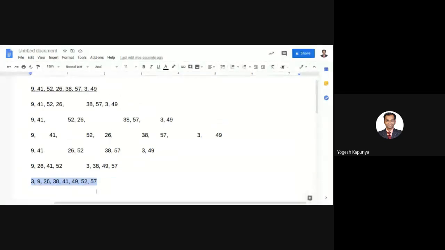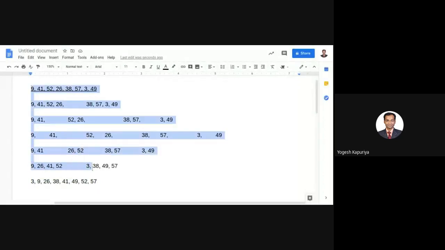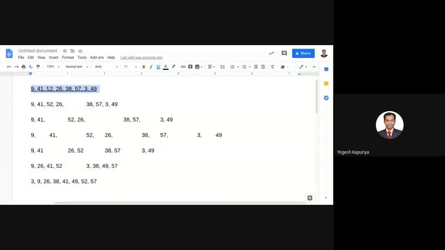Right? So this is how the merge sort technique works. What it does is it first splits till it's possible. Once you reach a position where no further split is possible, that means each array is made up of a single element. And when you have an array of a single element and want to sort it, you don't require to do anything.